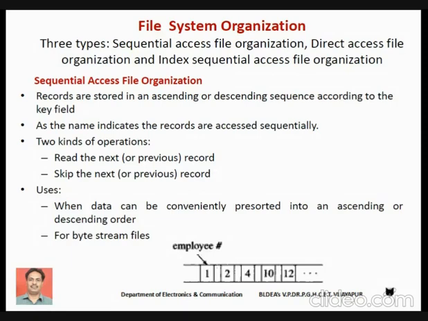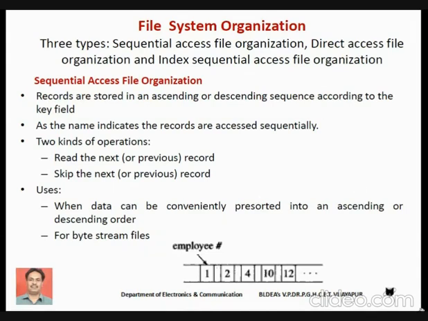The file system can be organized using three methods: sequential access file organization, direct access file organization, and index sequential access file organization. We'll discuss these file system organization techniques one by one.